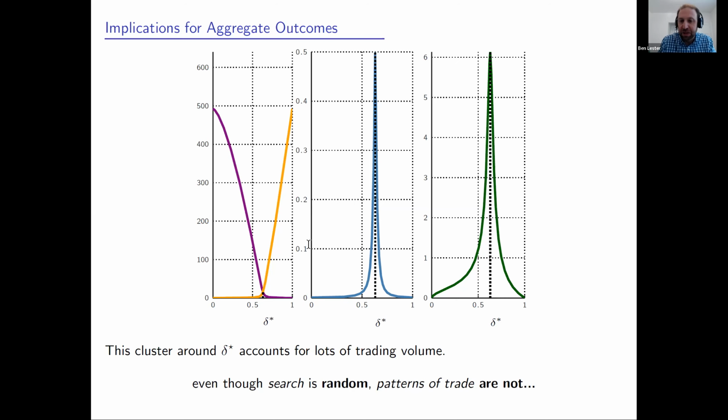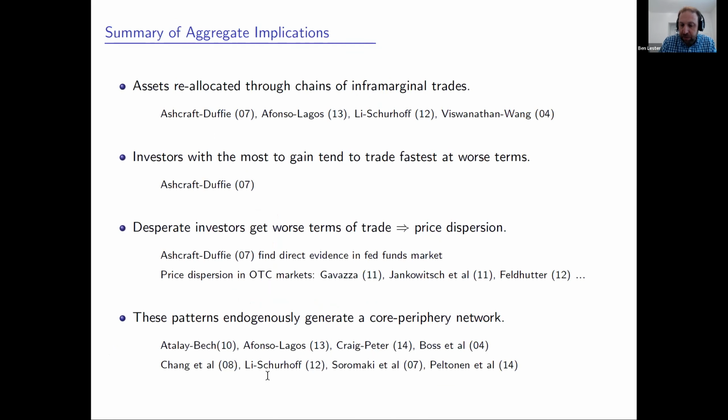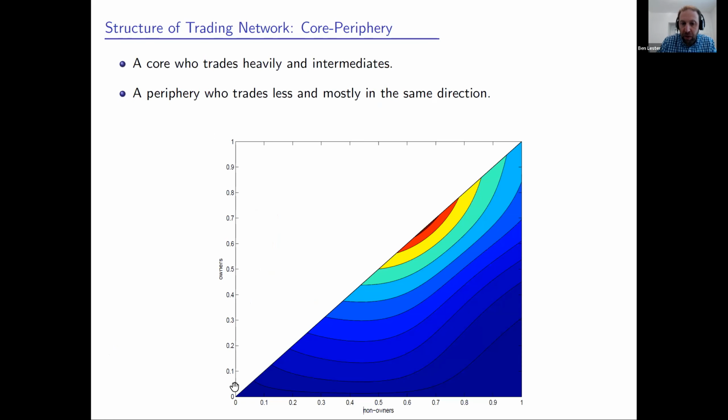Now that has an interesting implication for those of you who are interested in network theory and the network structure of markets. What we've done here is plot a heat map of the density of trades between non-owners of different deltas on the x-axis and owners of different deltas on the y-axis.